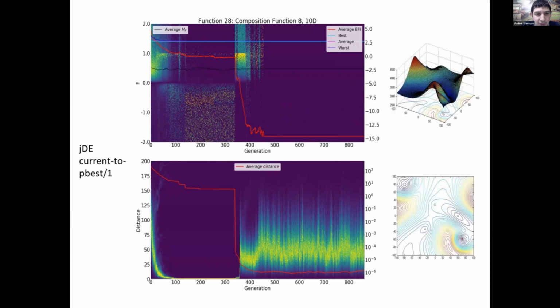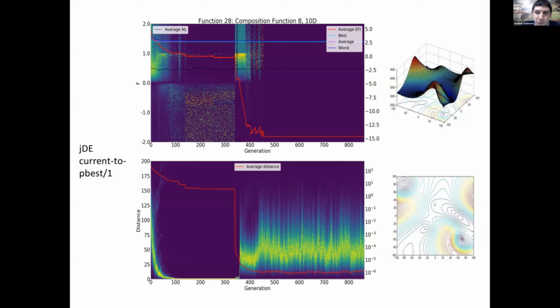For example, here we see that from generation 150 to 300 something, we actually need to go backwards from the best solution, and this gives us improvements. So we see these yellow dots below the graph, like at -1, -2, and this gives us improvement. But we usually don't do this.